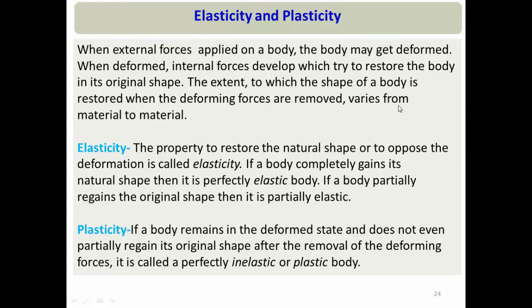The distance between the molecules will increase or change, and because of that, the molecules will not remain in their stable equilibrium. So what will happen? A restoring force appears inside the material, and that will try to restore the original molecular arrangement, so that the molecules will come again to their stable equilibrium, and the body will ultimately regain its natural shape.